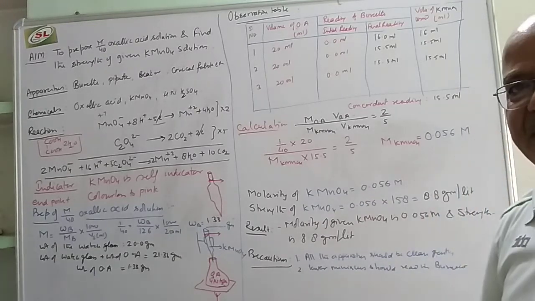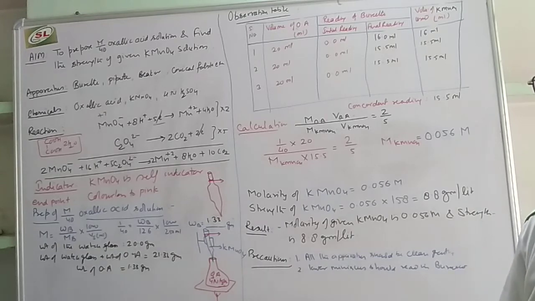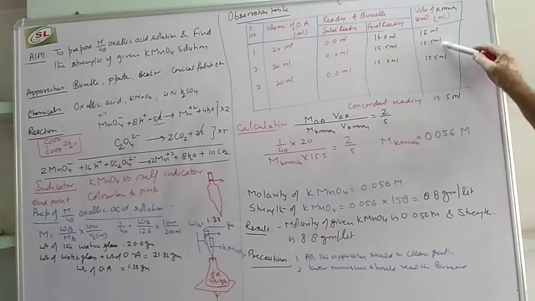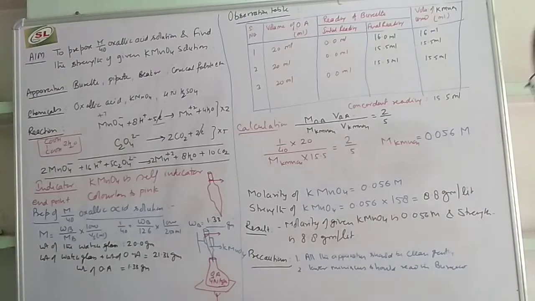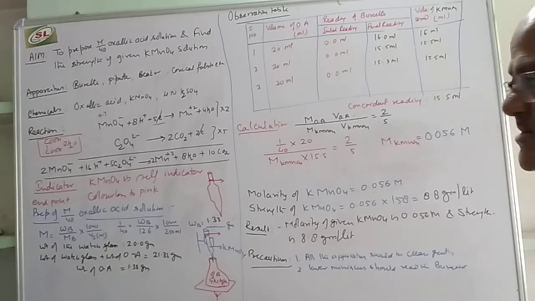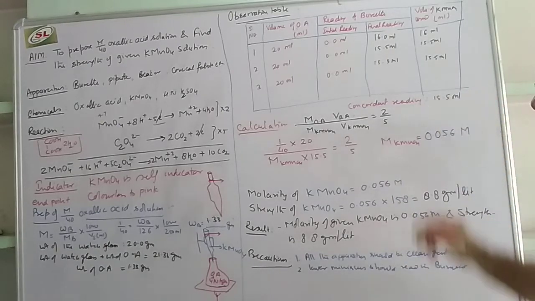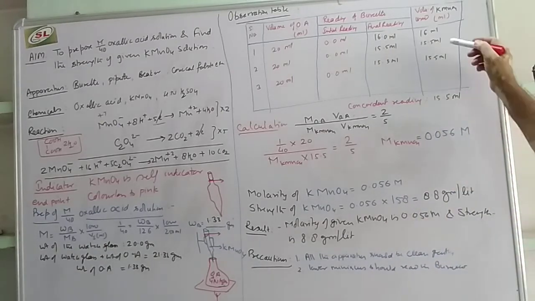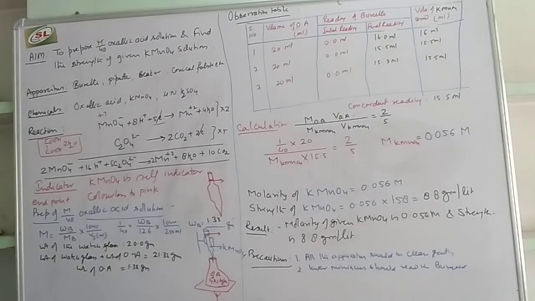We will repeat it 3, 4, 5 times until we get the same two consecutive readings. These two same consecutive readings will be the concordant reading. Here we assume it is 15.5 ml.